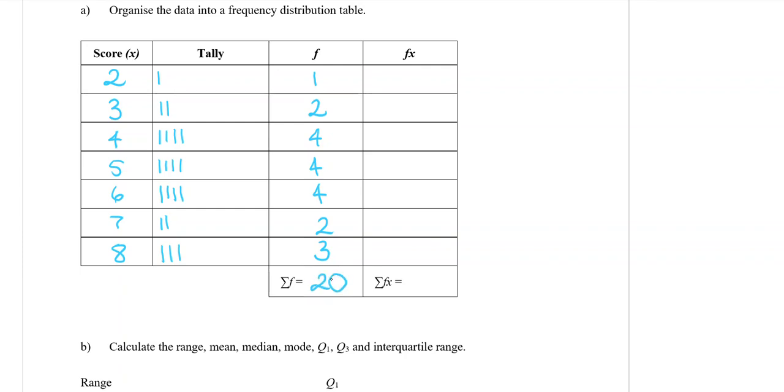Then we're going to do the fx column, which means we multiply the f and the x together. 2 times 1 makes 2. 3 times 2 is 6. 4 times 4 is 16. 5 times 4 is 20. 6 times 4 is 24. 7 times 2 is 14.